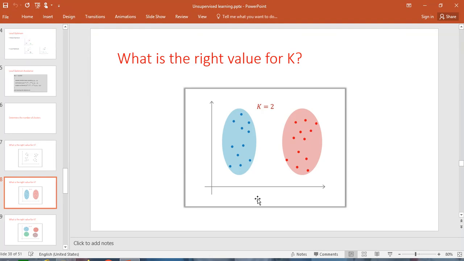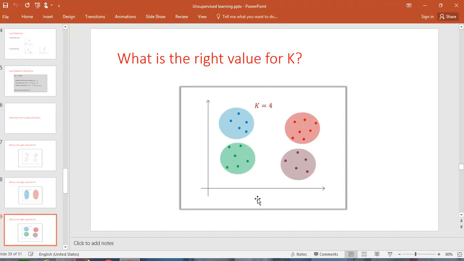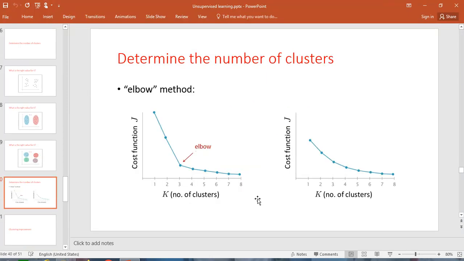Then such a diagram can be drawn. The vertical axis is the value of the cost function and the horizontal axis is the number of clusters. You can see here that the optimum is when the number of clusters is 3.